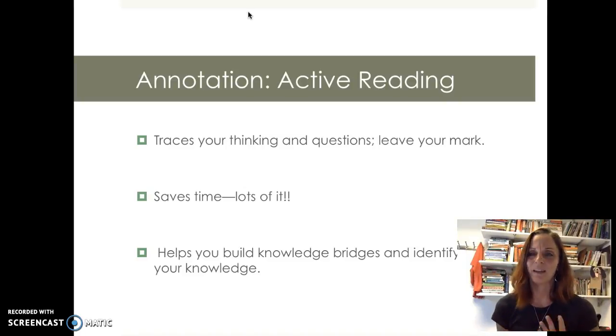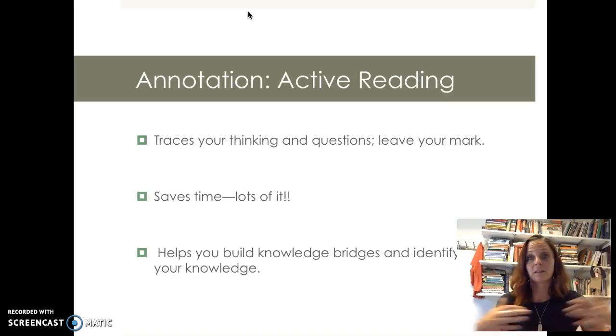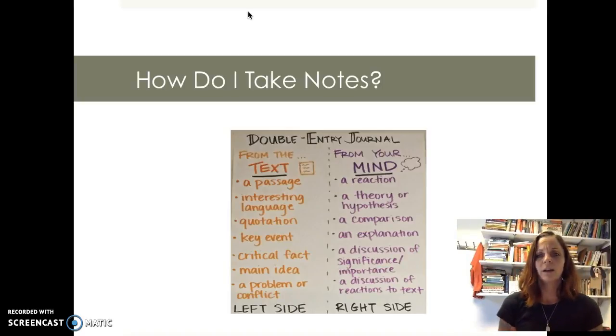We can't keep that information in our mind. But if we make notes and write in the margins, or do some sort of annotating, that can help us remember and recall. So it saves time, and it helps us make connections between what we know and what we will learn, and what we've learned in the past, and we can build these bridges of knowledge and ideas.